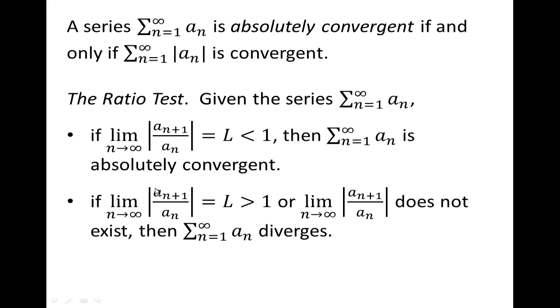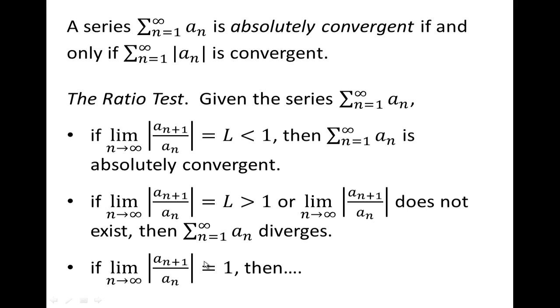On the other hand, when our ratio for the geometric series was greater than 1, we ended up with a divergent sequence. Well, in this case, if this limit is greater than 1, or if the limit doesn't exist, that would mean it goes to infinity, then the series diverges. Okay.